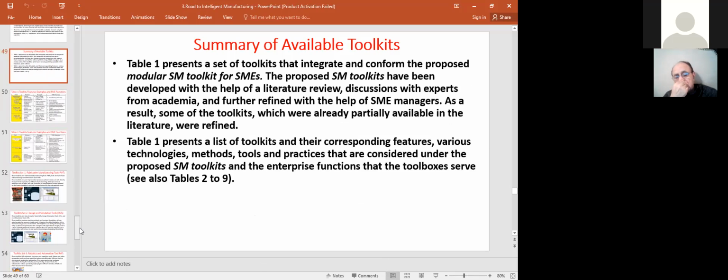These toolkits are available, in fact, and I can show you the tables of what these toolkits are, and there is a set of levels.